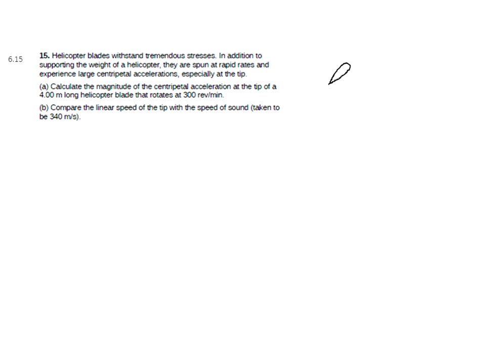So we've got our helicopter blade, and let's just use blue for this.